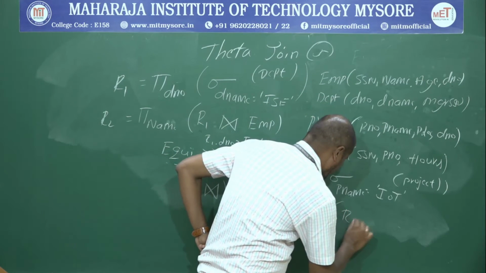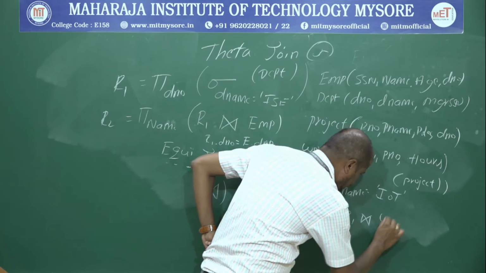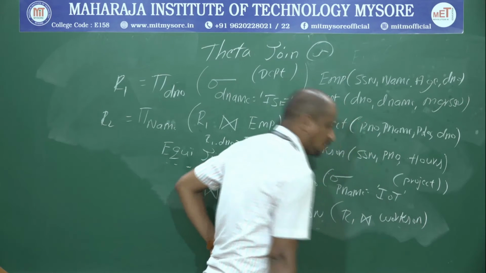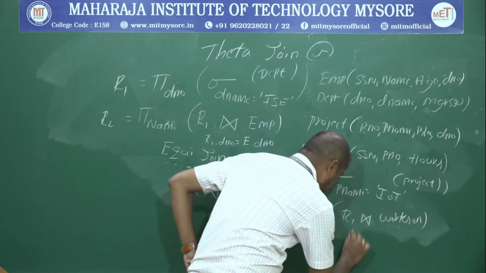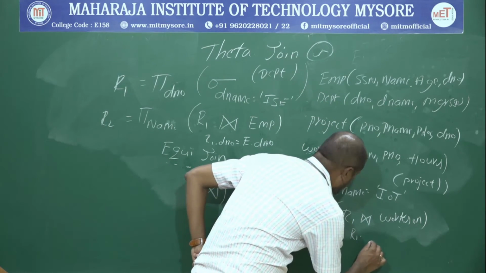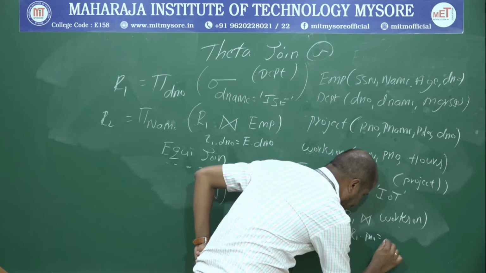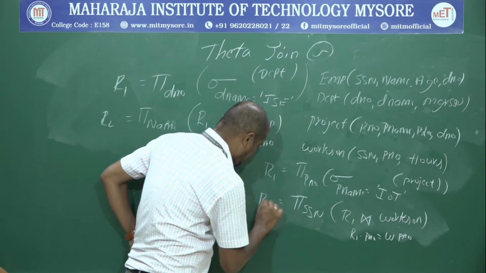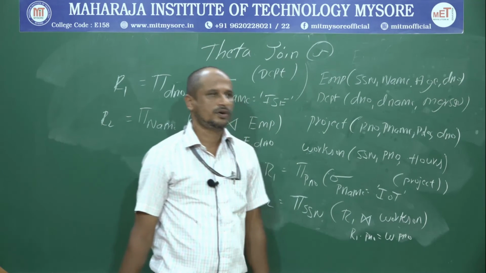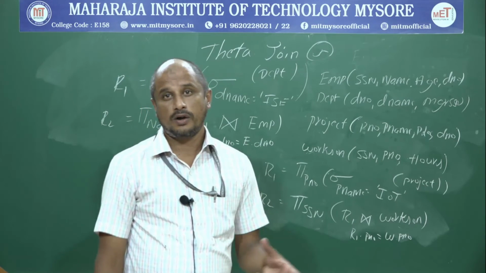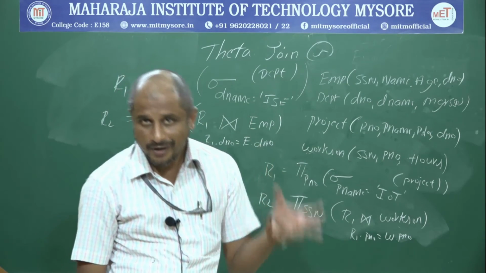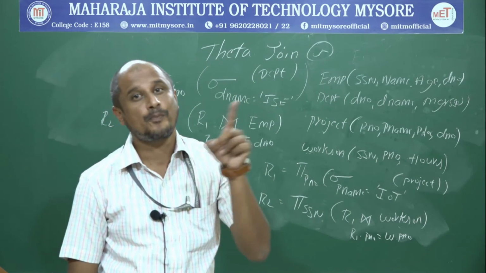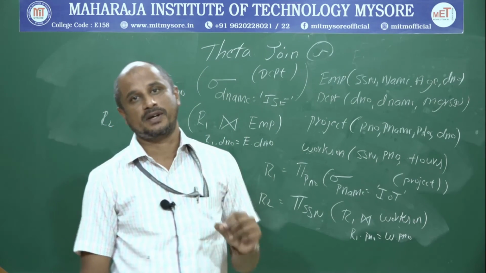So here R1 joins with works on using R1 P number is equal to W dot P number, that is R2. So R2 is done with retrieving SSN, that P number of IoT matches with works on P number.